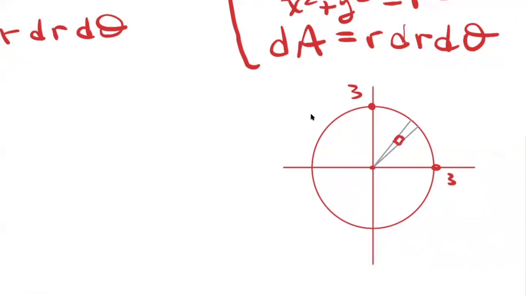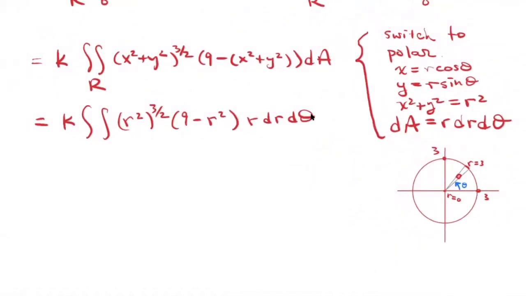At the beginning of the slice, r is 0, so that's a lower limit on r, and on the outer edge of the slice, r is 3. And we're going to have theta going from, well, we have to cover the circle. So the limits on r are 0 to 3, and what are the limits on theta? Anybody?